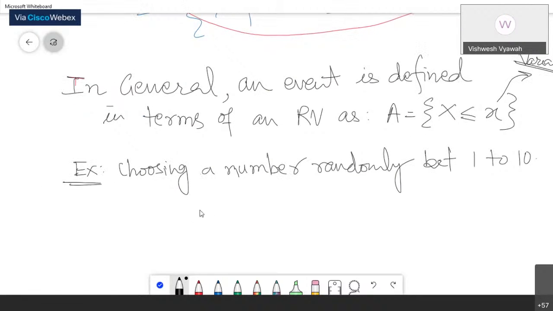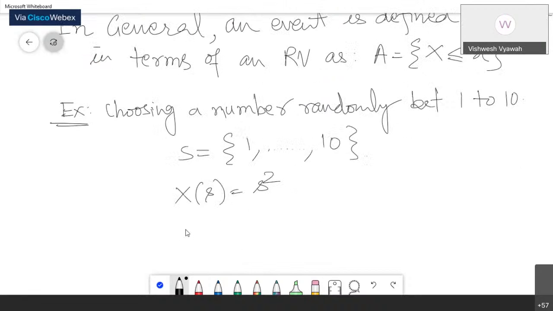So S is nothing but equal to 1 to 10, and I define x of S as again S square in this case. So my x of S will be equal to 1, 4, 9 up to 100.